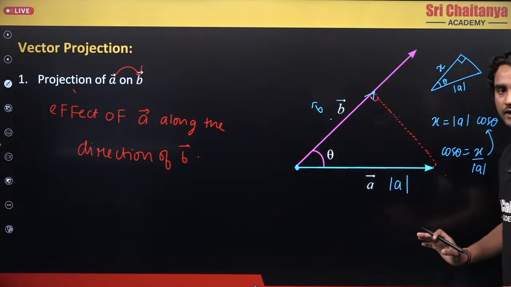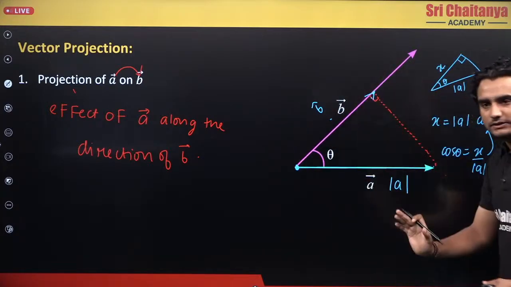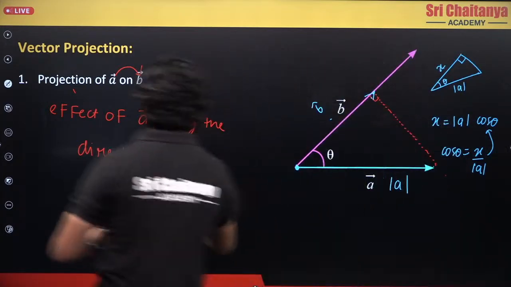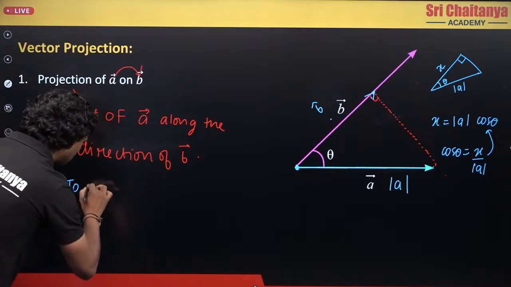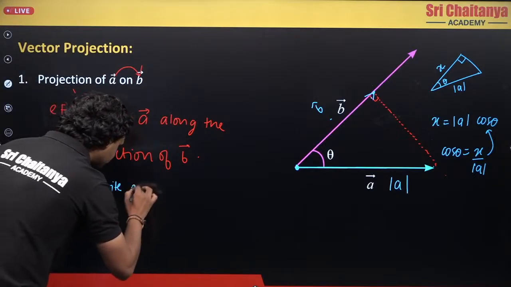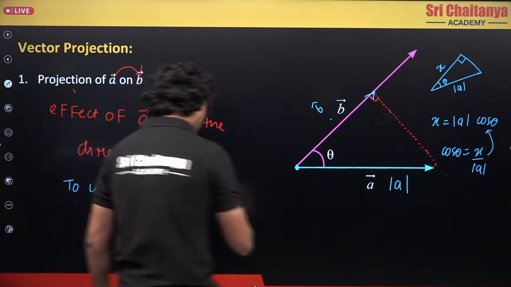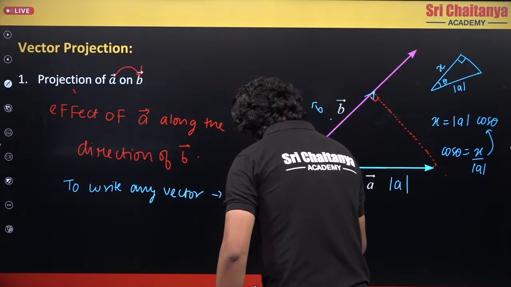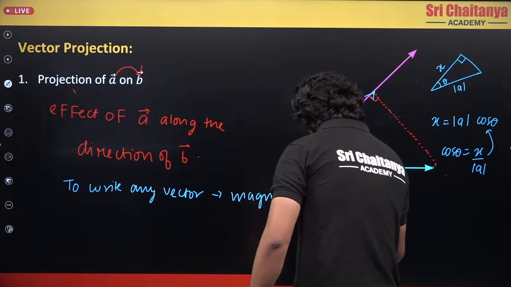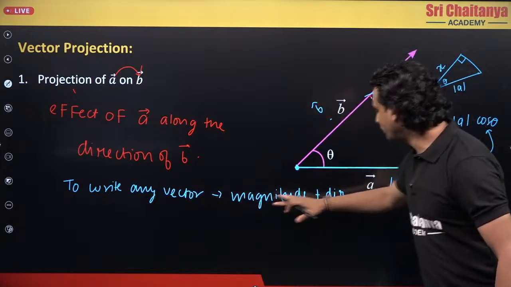If I have a unit vector, I will be able to tell the direction. To write any vector, we need magnitude plus direction.